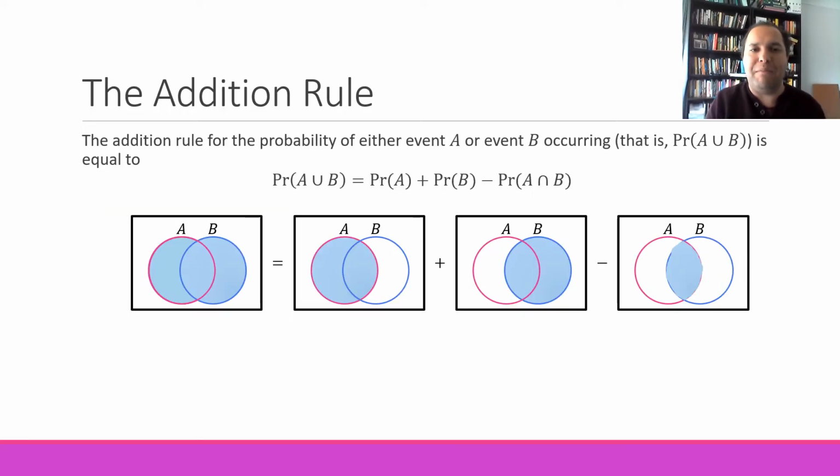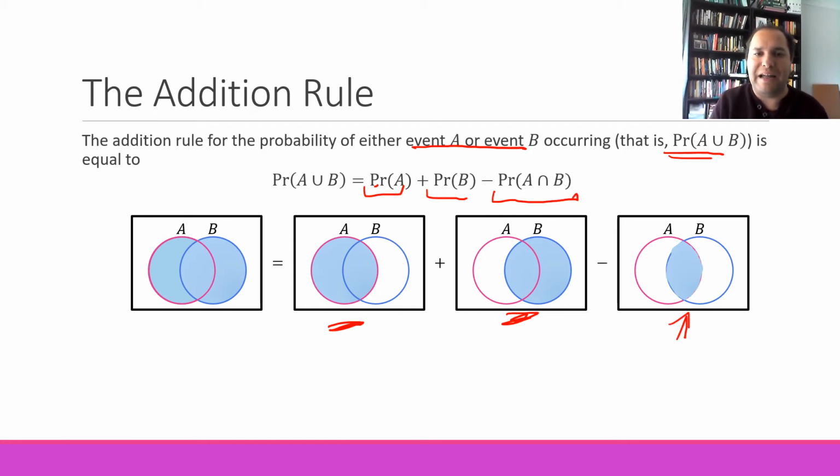So how we overcome that is by using the addition rule of probability and saying that the probability of either event A or B occurring, that is, our probability of A union B, is equal to our probability of A, which is in this circle here, plus our probability of B, which is in this circle here, and then we subtract our intersection in this last one.